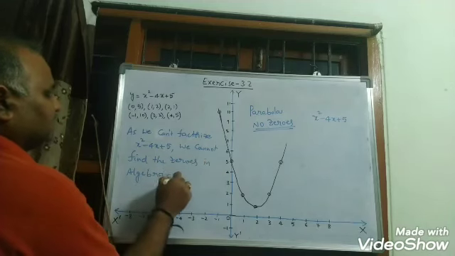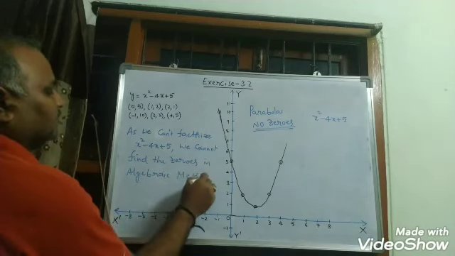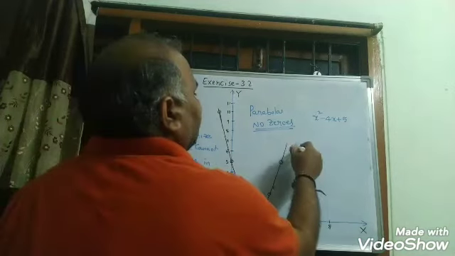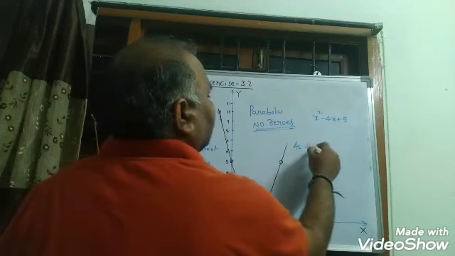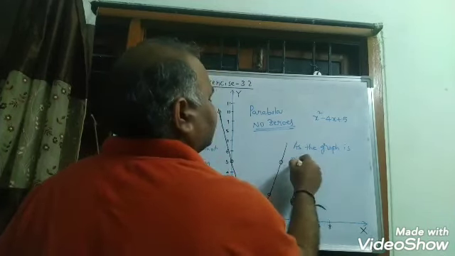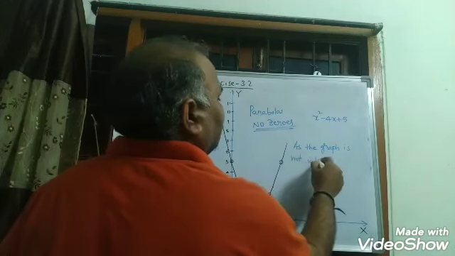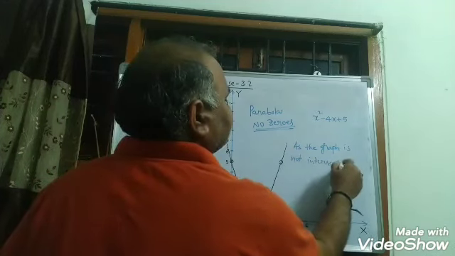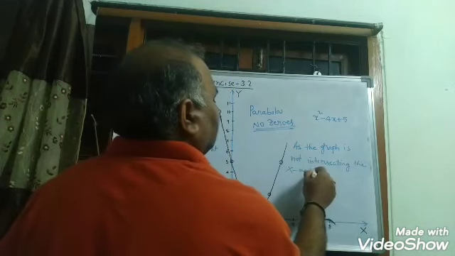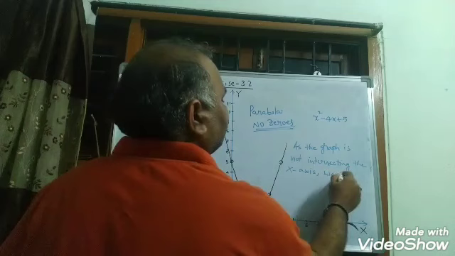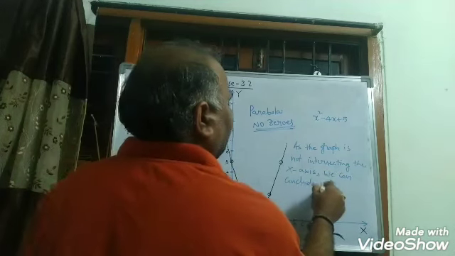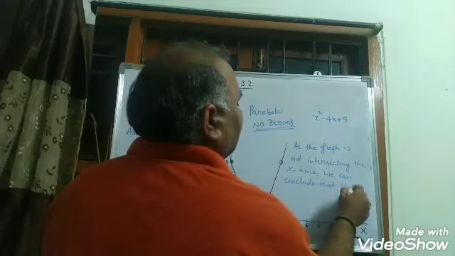Zeros in algebraic method. And even in graph also, as the graph is not intersecting the x-axis, we can conclude that there are no zeros.